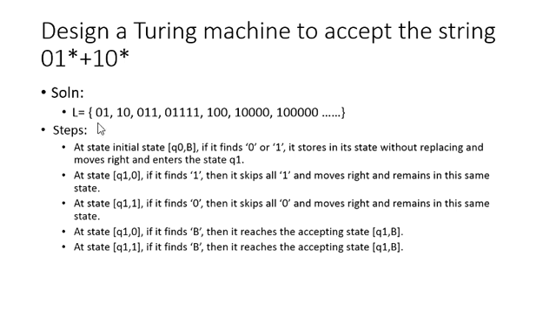So it either starts with 0 or it will start with 1 followed by multiples of 1s or 0s. So if it is 0, it should be followed by 1s. If it is 1, it should be followed by 0s.